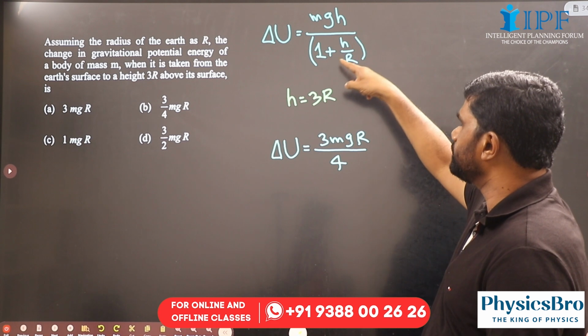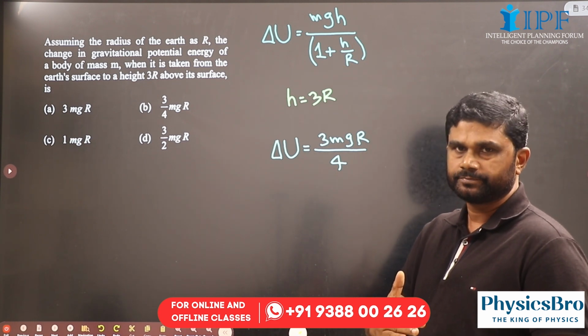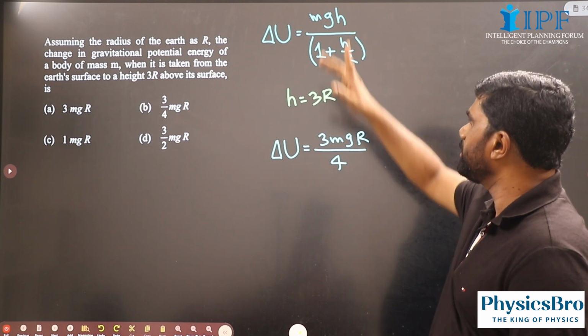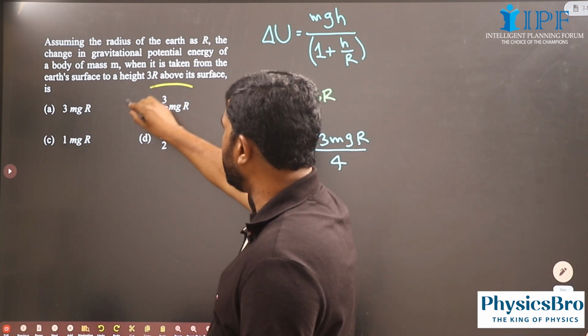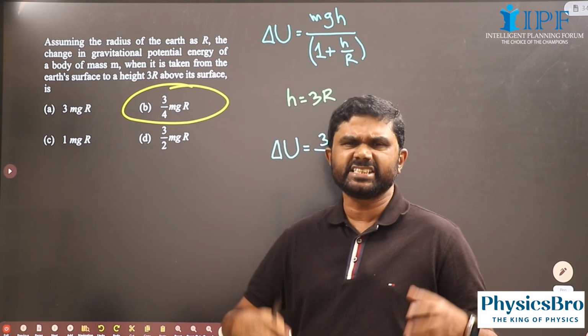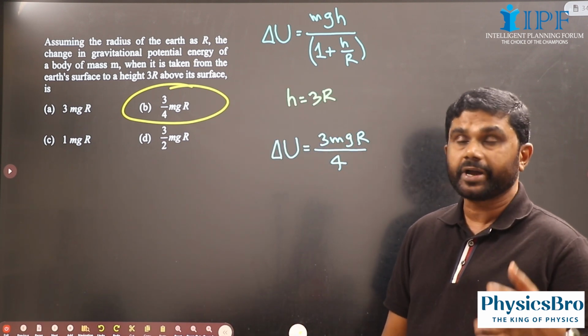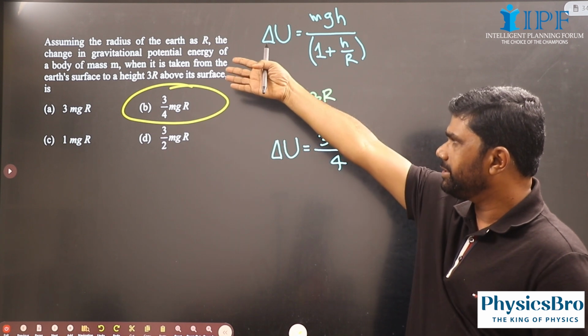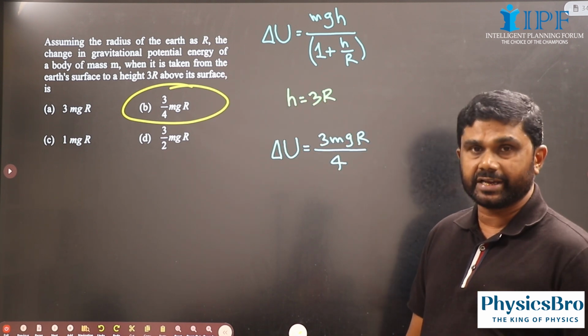So 1 plus h by r will be 1 plus 3, that is 4, in the denominator. In the numerator you can replace h with 3r, so it is 3mgr by 4. This is also asked in NEET many times, so you can expect this question. Maybe instead of h equal to 3r, you may be asked 2r or r, like that.